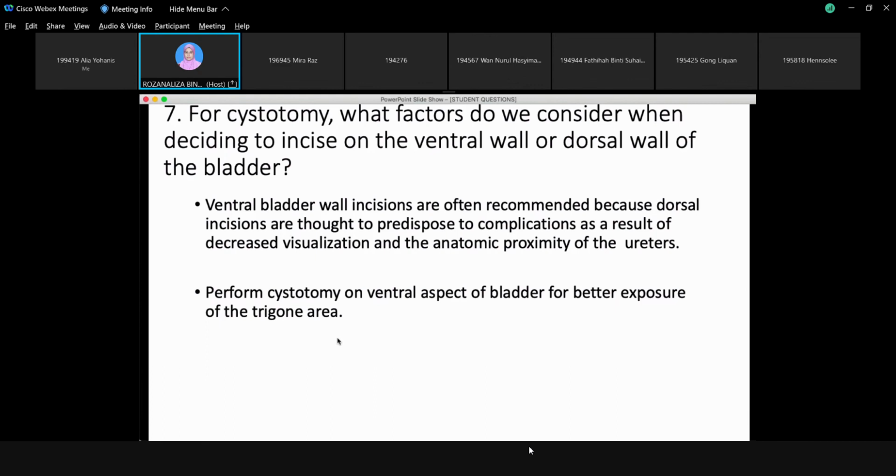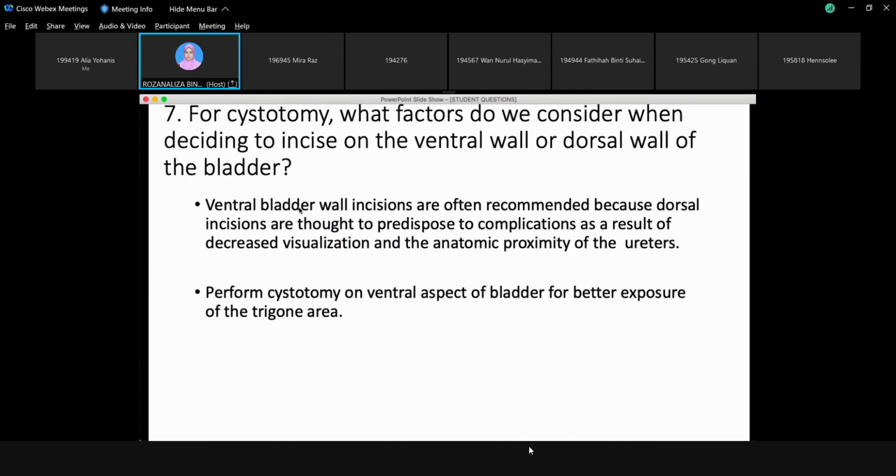Guys, for uroliths or cystoliths, sometimes they are not free floating in the urine. Sometimes they are actually embedded in the mucosa, stuck inside the mucosa. So your finger must be able to feel every single corner of the mucosa of the bladder. You don't want to leave even a single stone accidentally. That's why post-op radiograph is mandatory.